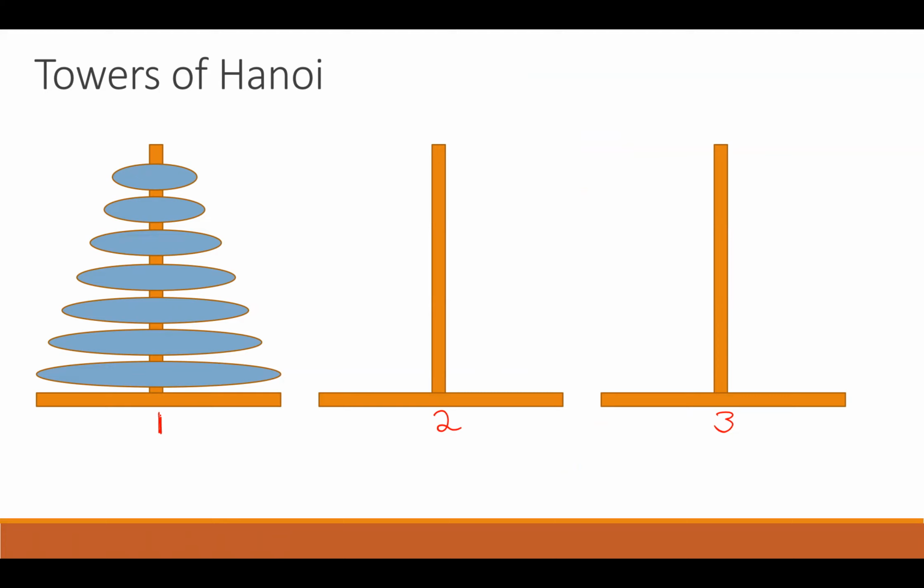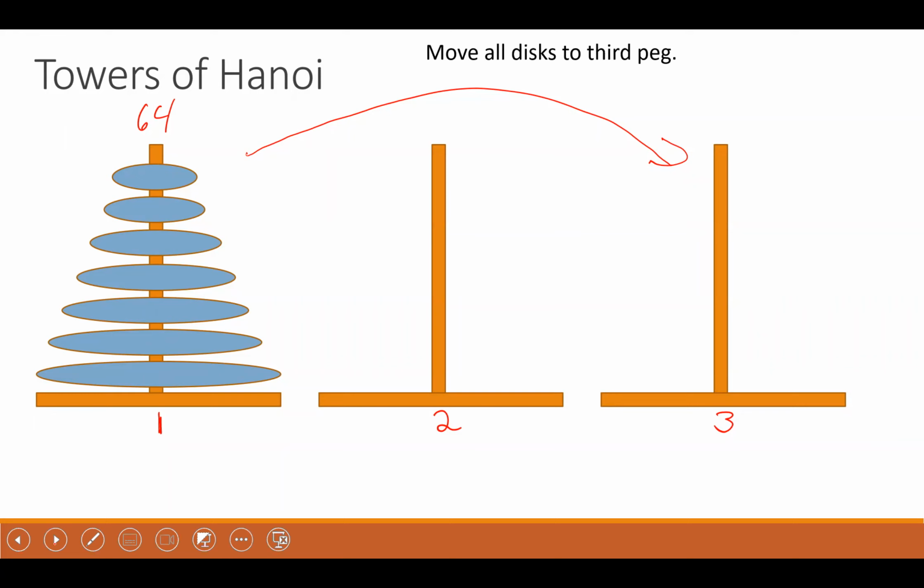These monks have this Towers of Hanoi problem, and they have 64 disks on one of the towers. What they want to do is move all of the disks from tower 1 to tower 3. The rules are as follows. I want to move all disks to the 3rd peg.